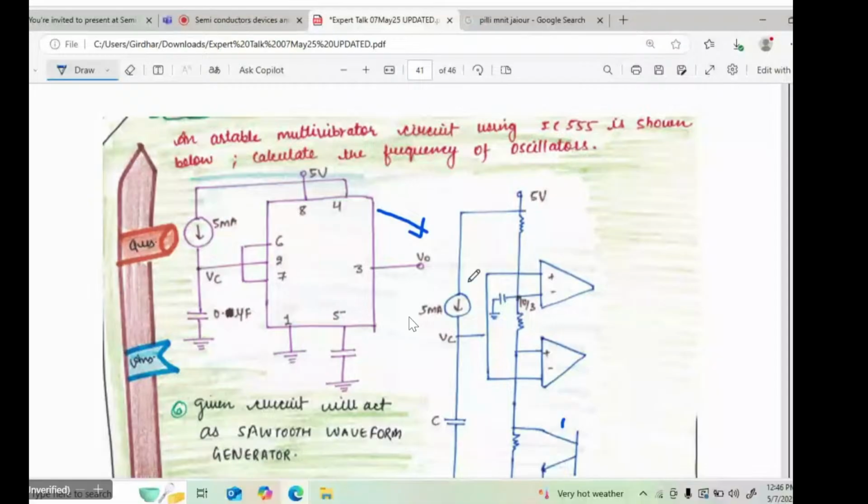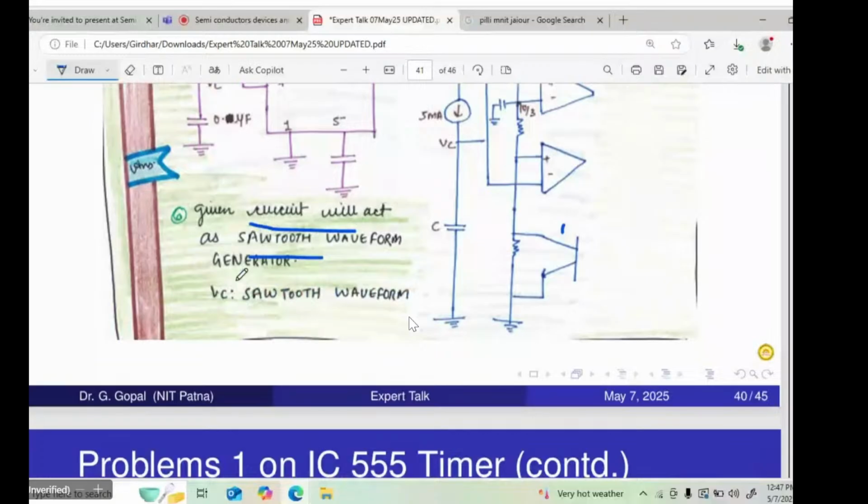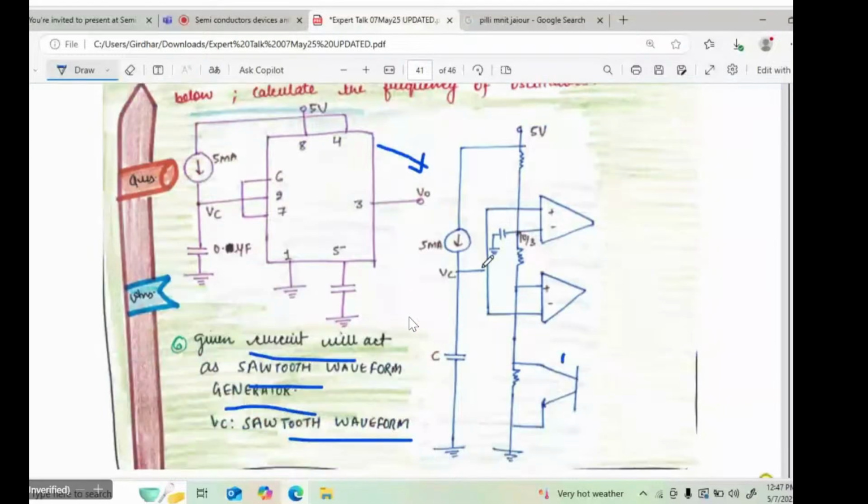I have already told that in the astable multivibrator, if the resistance is replaced with a constant current source, then a ramp is formed. That's why this circuit is a sawtooth or triangular waveform generator, right?